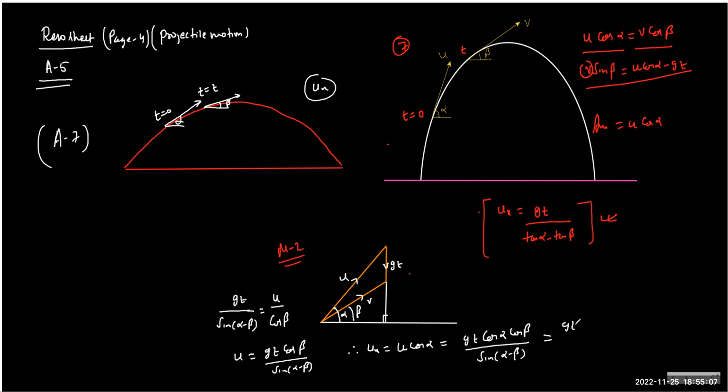You can rearrange: sin A cos B minus cos A sin B. And if you bring the entire numerator in the bottom, then you get tan alpha minus tan beta. So what you got is the right answer. There are many ways to express answers. This is also a way of expressing. Both are correct.